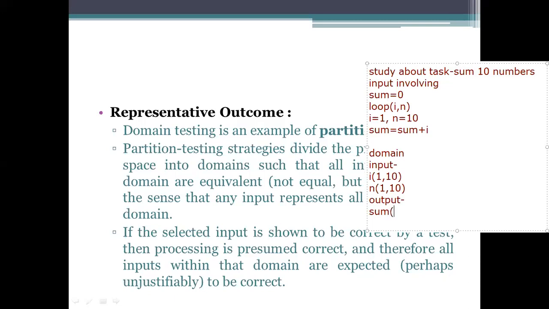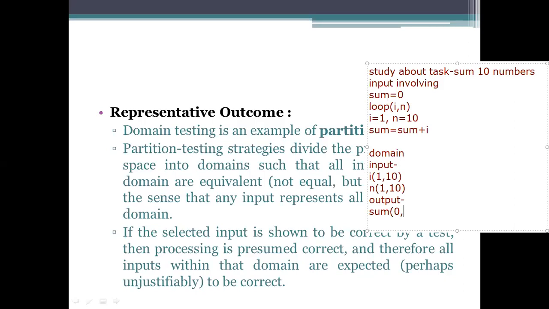The summation has values which start from 0, and then include 1, 2, 3, 4, 5, 6, 7, 8, 9, and then 10.